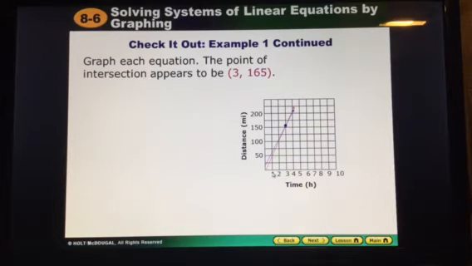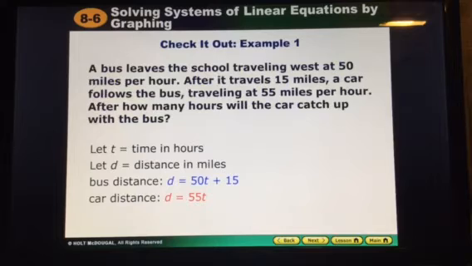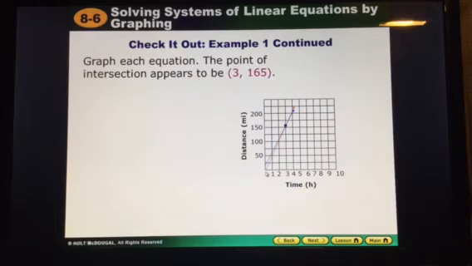Okay, so then the red line, the slope is 55 and the y-intercept is 0. So this is one that is proportional because it intercepts the y-axis at 0, 0, and it goes up 55.